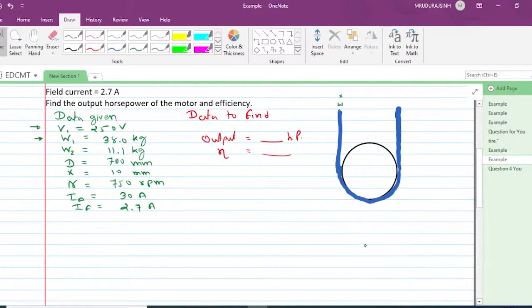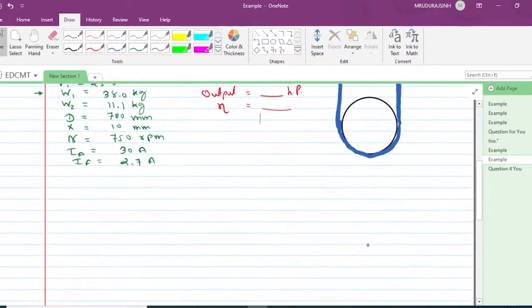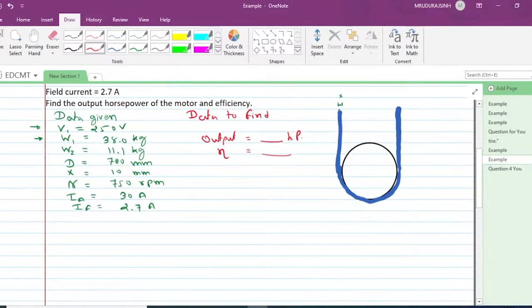First of all, I have drawn this diameter. What does it mean by diameter and effective diameter? See, this is the diameter D. Now if we talk about the effective diameter, it is from the center of this belt to the center of this belt.